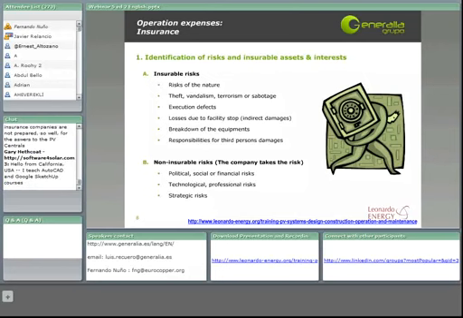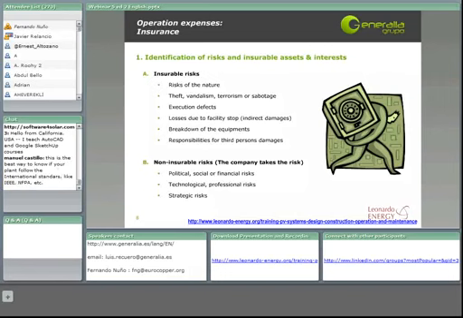The execution defects means any incidents that can happen during the project execution, such as delays because we have already received defective material and we have to replace it, or the safety of our workers during the project execution.